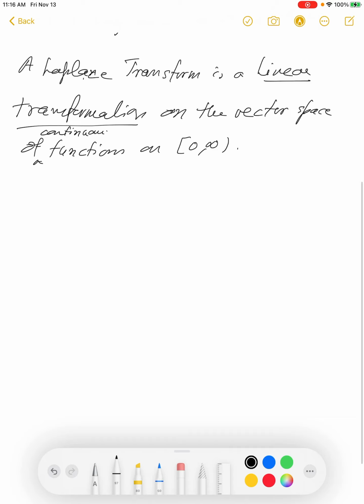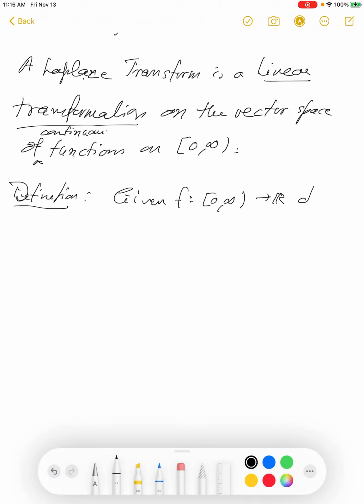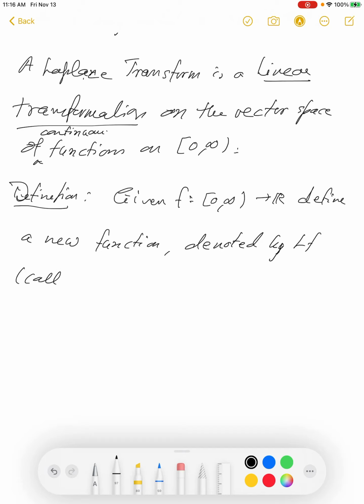So let me define this formally. Definition: given a function f from 0 to infinity to R, define a new function which is called the Laplace transform of f, denoted by L of f.